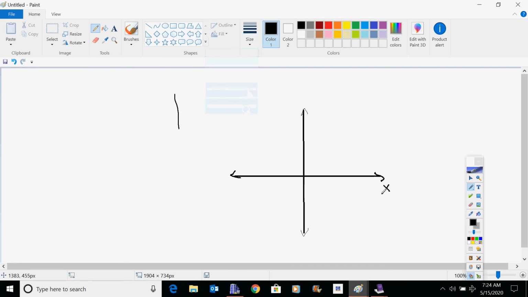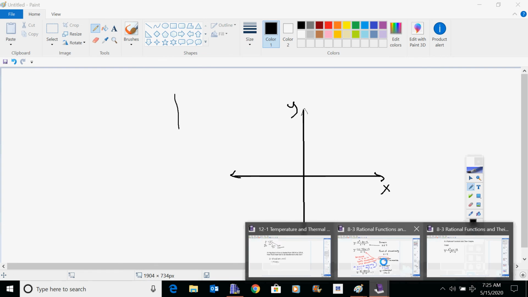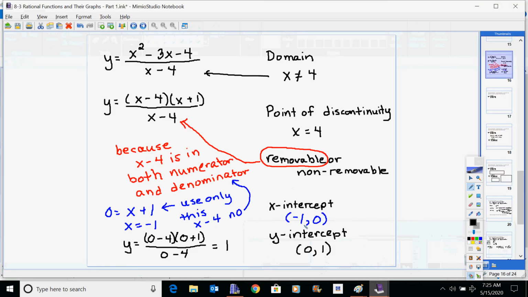Okay, so we have our x-intercept and our y-intercept. Our x-intercept is -1, 0, and our y-intercept is 0, 1.